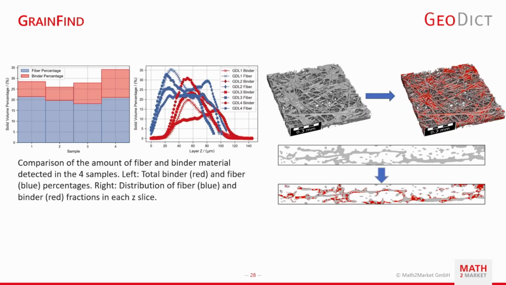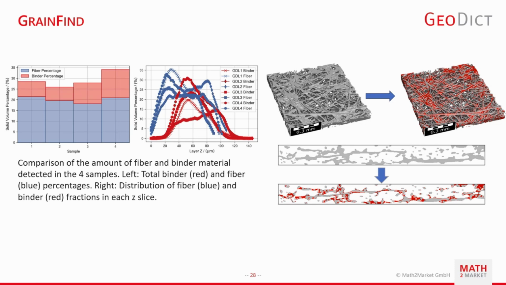So this is just some of the validation that's shown in the paper. You can see on the left the solid volume fractions of fiber and binder, and you can see how they have some numerical correlation. Then in the panel next to that is an analysis of 4 different gaseous diffusion layers, GDL1 through GDL4, where we're breaking it down into the Z abundance of binder and the Z abundance of fiber for each of those 4 materials.